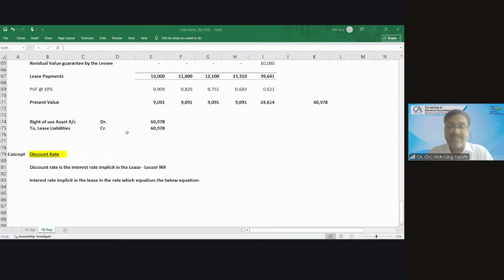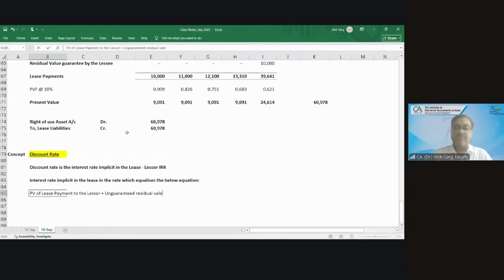Sir, what is that? Present value of lease payment. कौन सी लीज पेमेंट? लेसोर की, to the lessor, plus unguaranteed, because the guaranteed part has been covered in the present value of the lease payments.